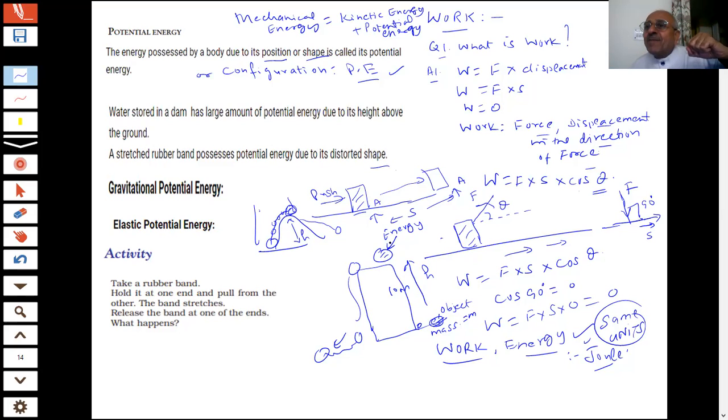Work is done in lifting this, and then it becomes converted into stored energy, and that stored energy can do the work, student. Again, water is lifted to a higher height, and then that water can fall. What will happen? It will be able to do the work, student, because there was potential energy stored in the water. So potential energy is now doing work.